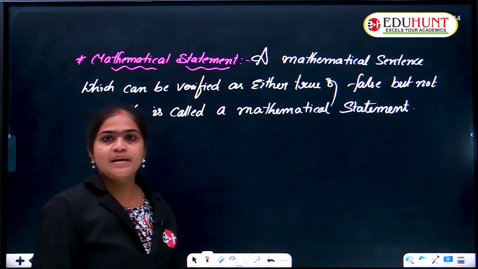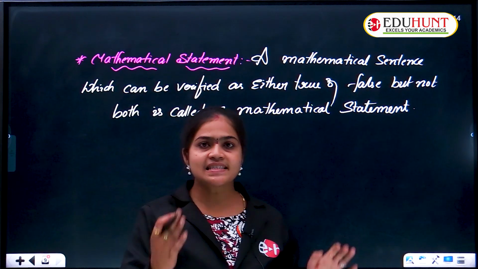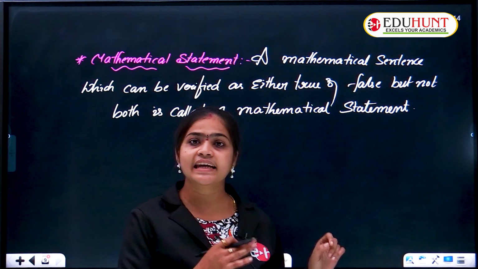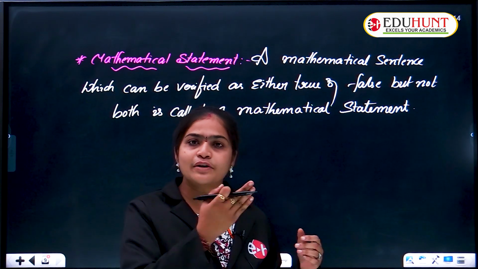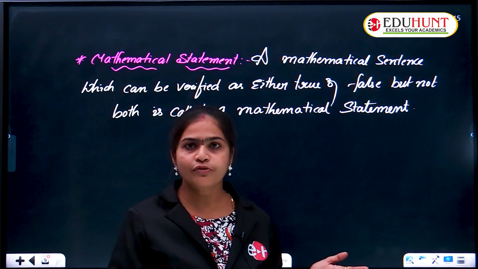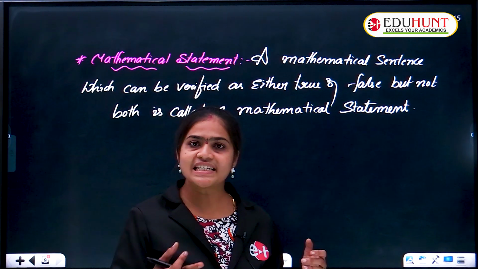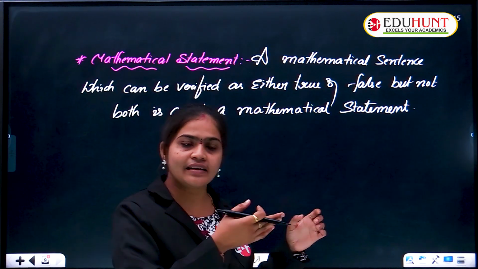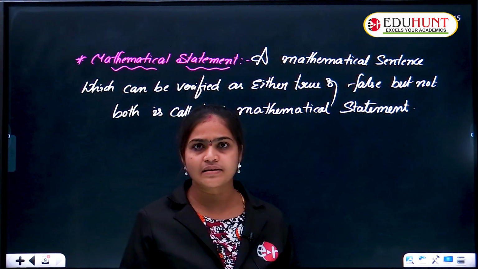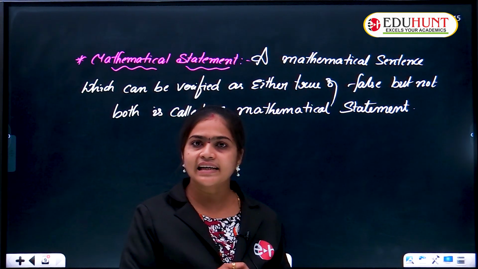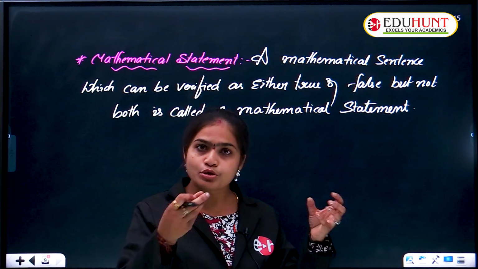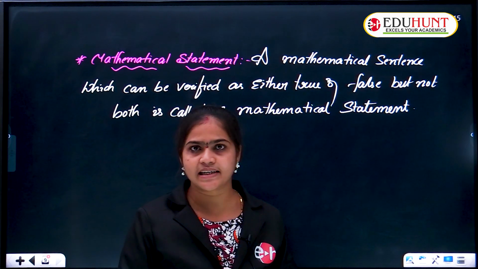What is the meaning of this? We already learned about a mathematical sentence. If we can check that it is either a true statement or a false statement, we can say it is true or false, but not both. In a single sentence, it is not possible to say it is both true and false.